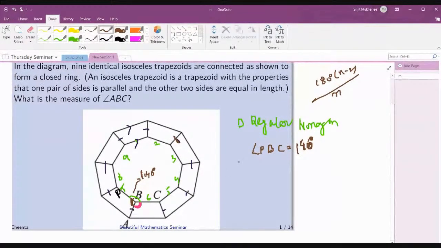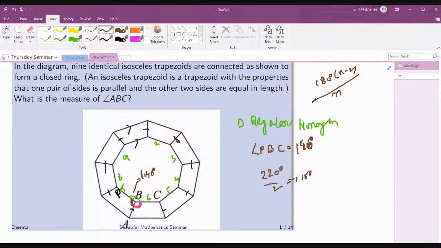So therefore, the rest of the angle is 220 degrees. And these two are equal, so you divide by 2 to get 110 degrees. I think Ananta is right. Yeah, Anantaraj, you're right. Yeah, ABC is 110.